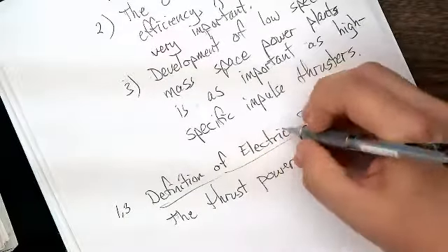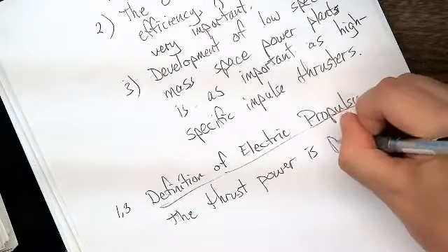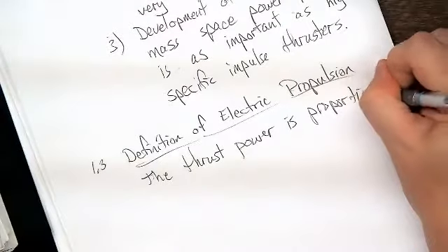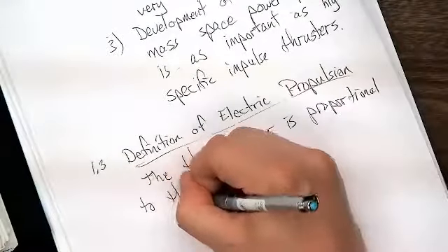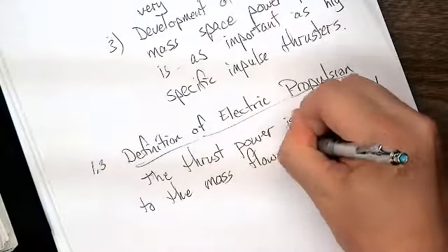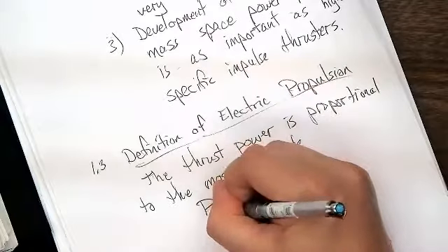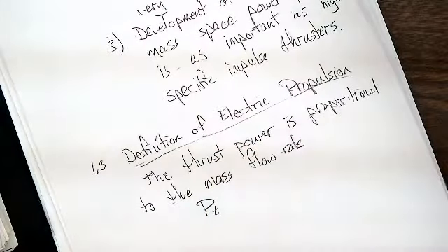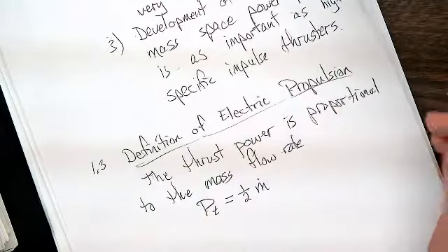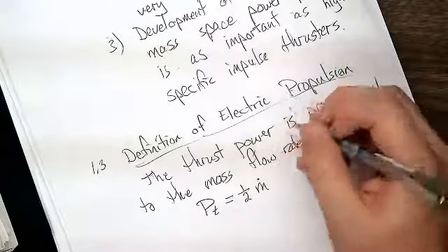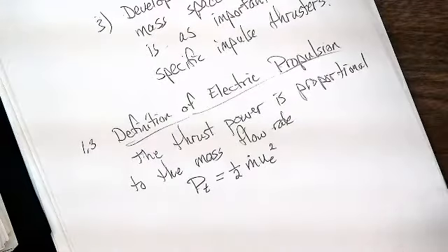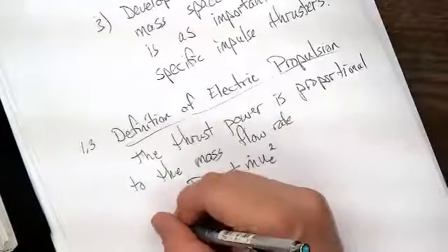The thrust power is proportional to the mass flow rate. Okay, so thrust power is equal to 1/2 times propellant flow rate, m dot, times UE squared. And the power available in a chemical reaction is also proportional to mass flow rate.